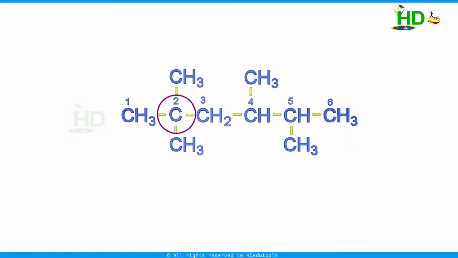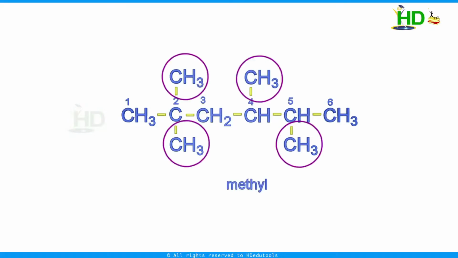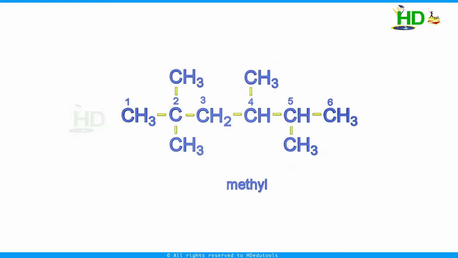Now at the second position, we are having 2 alkyl groups. At the fourth position, 1 alkyl. At the fifth position, 1 alkyl. Now the locant positions are 2, 2, 4, 5. And these 4 are methyl groups. 4 means tetra. 2, 2, 4, 5. Tetramethyl hexane is the name of this compound.